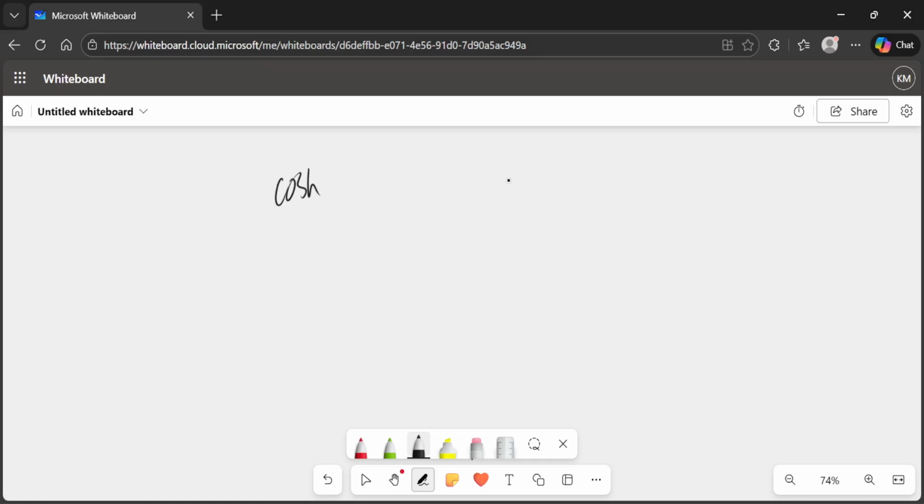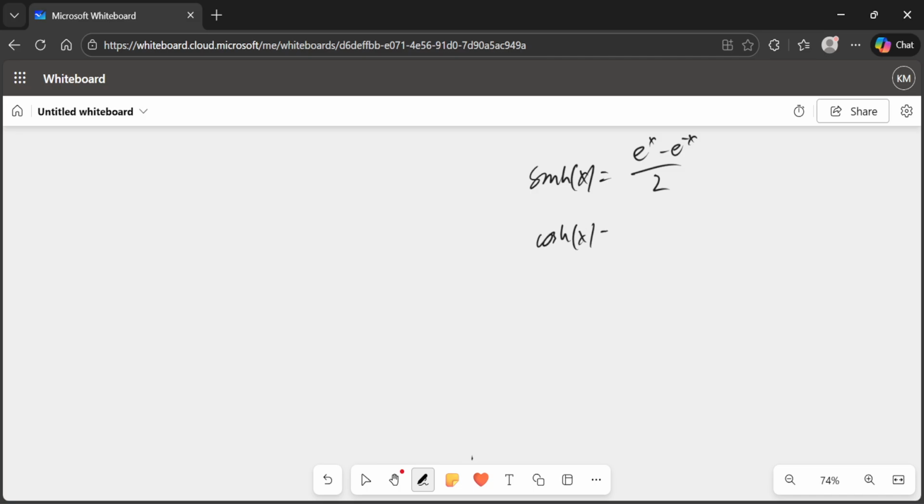I mean, there's a few key things. So again, let me just write these off to the side real quick. Sinh x equals e to the x minus e to the negative x over 2. Cosh x equals e to the x plus e to the negative x over 2. So if you have sinh 0, that's equal to 1 minus 1 over 2, so that's 0.